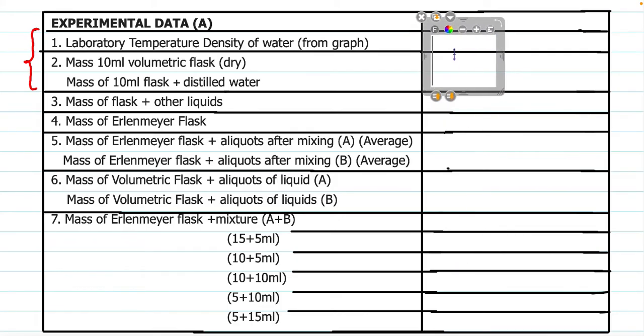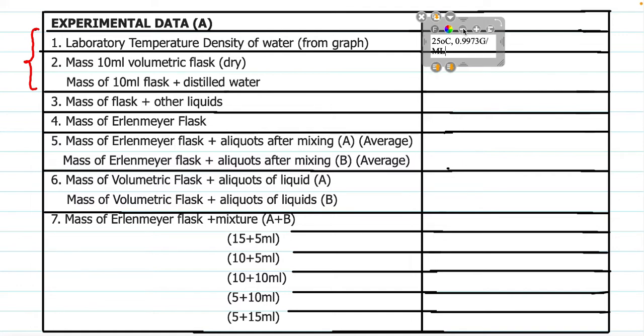So here now we have 25 degrees, and then the density is 0.9973 gram per mL.